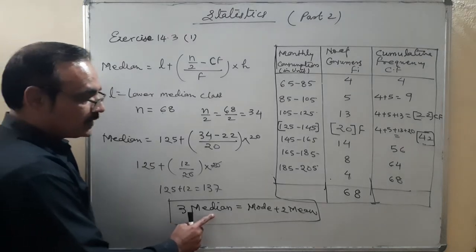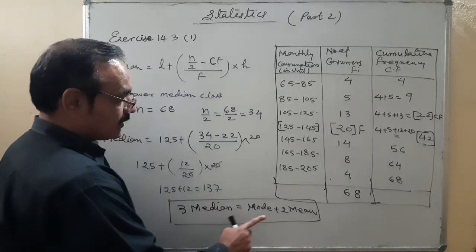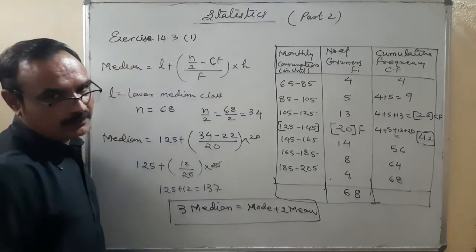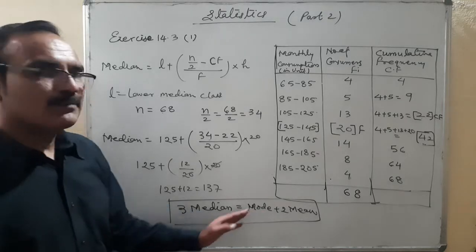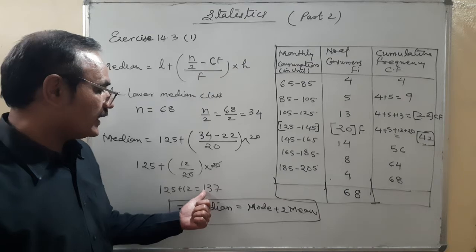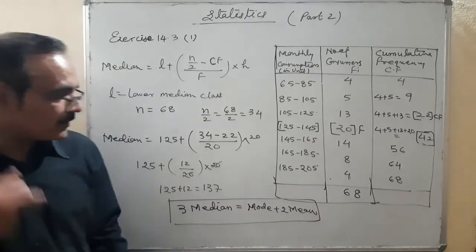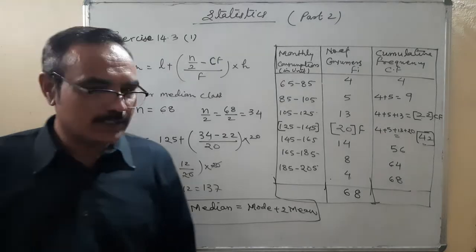Okay. 3 median is equal to mode plus 2 mean. So with the help of this empirical relation, if you know two things, like the median and mode, you can find out the mean. So remember, this formula is called the empirical formula.